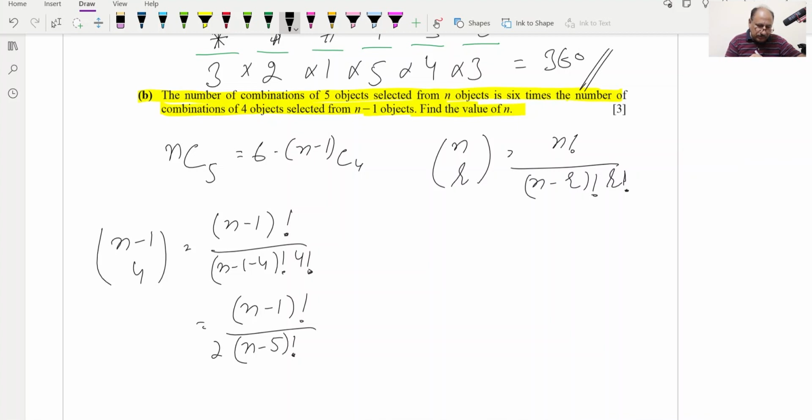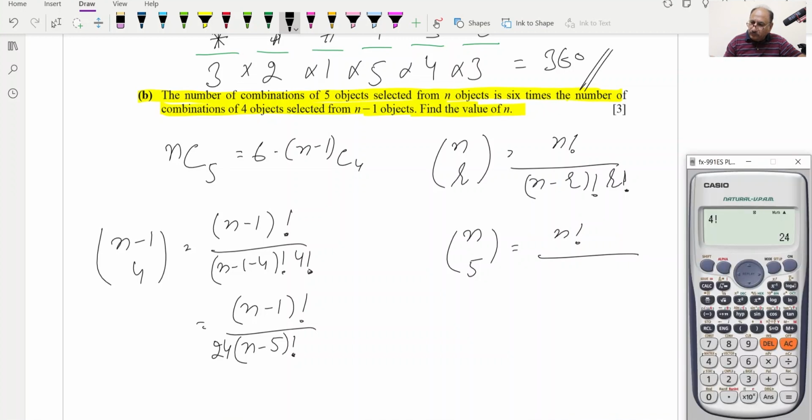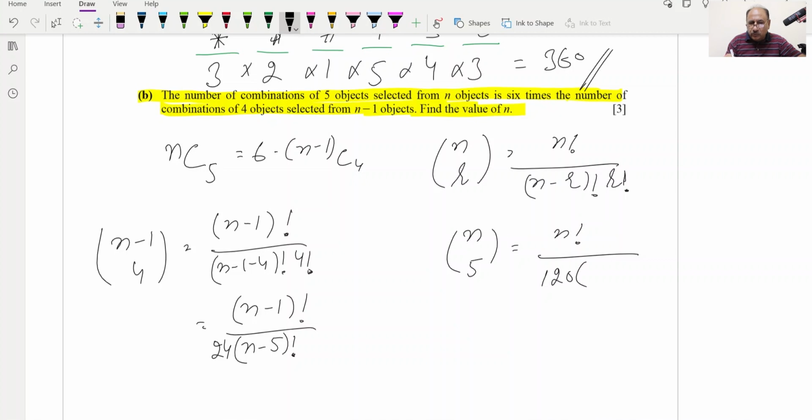So we can write here 24, and now we can rewrite it as basically nc5. nc5 will be equal to n factorial over 5 factorial, which will be 120, or we can check basically 5 factorial will be equal to, yes, 120. So 120 into n minus 5 factorial.